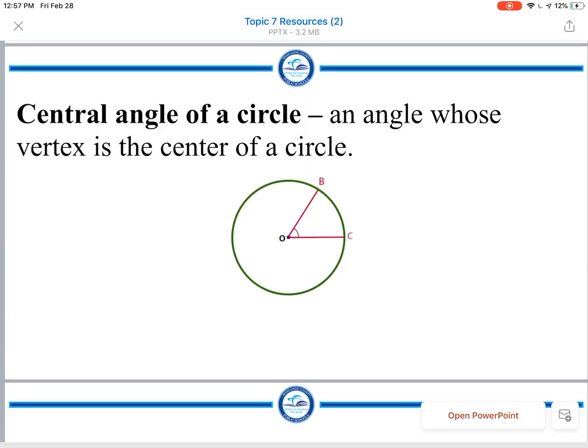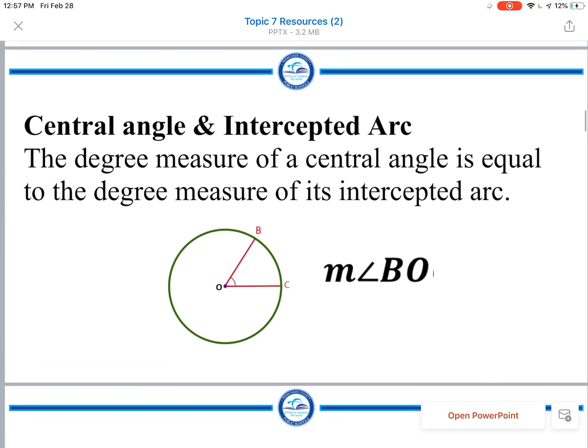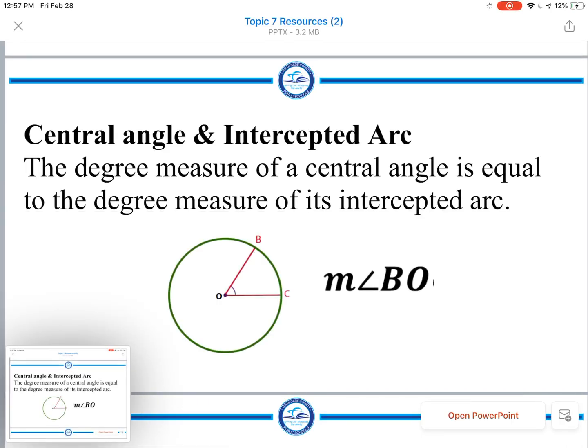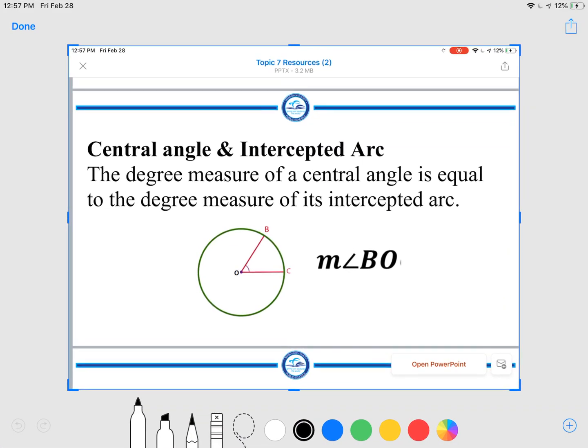Okay, let's keep going. Central angle and intercepted arc. Oh, well, I guess this is what I was just saying.